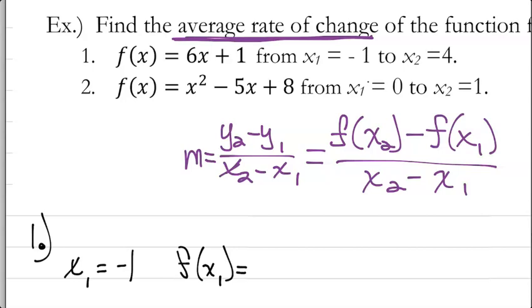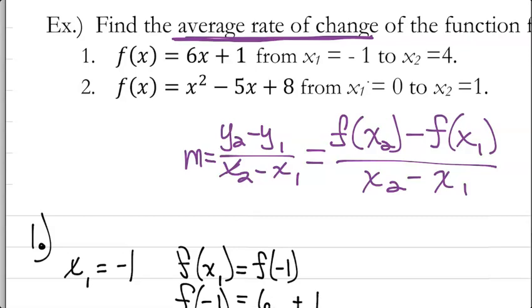So we're looking for x1 is negative 1. So instead of f of x1, I need f of negative 1. So let's get the f of negative 1. We're going to plug negative 1 into that 6x plus 1.